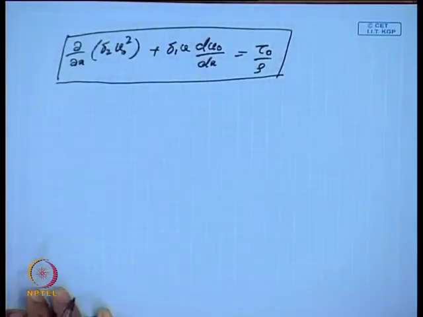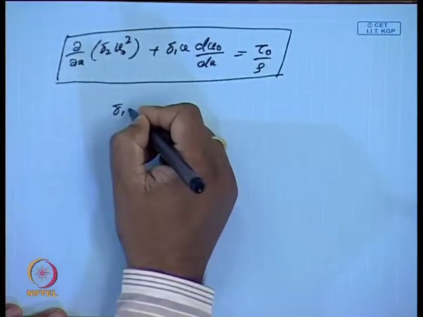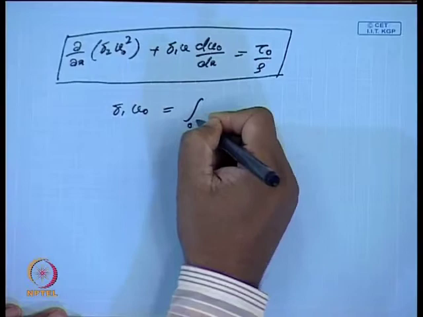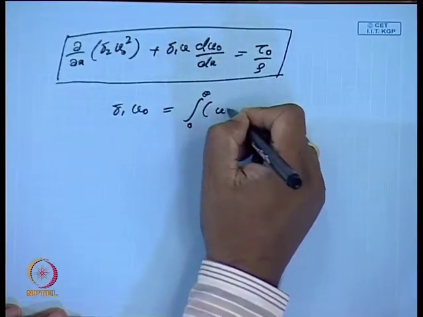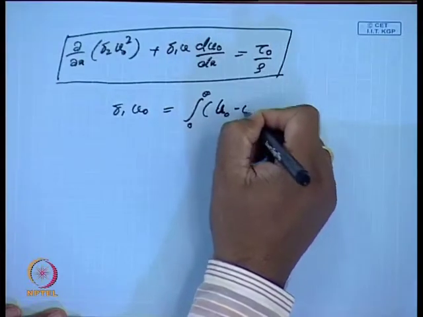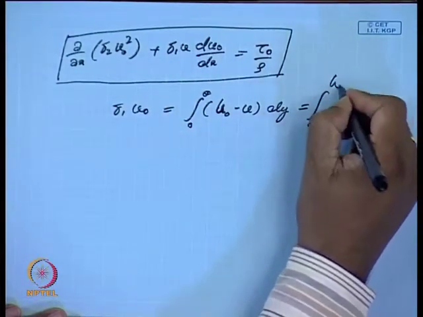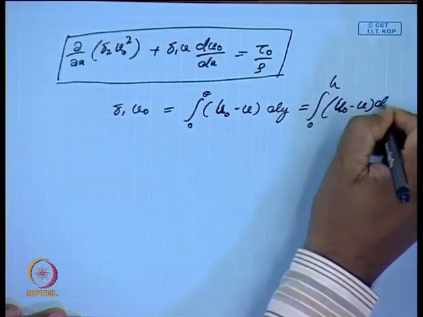In fact, the whole equation, and where I will say my del 1 u naught is 0 to infinity u naught minus u dy, and which is same as 0 to h u naught minus u dy.